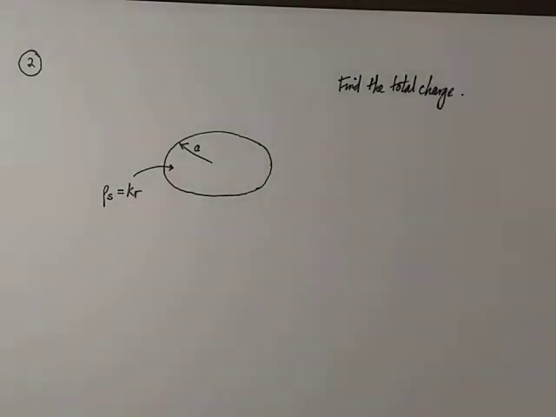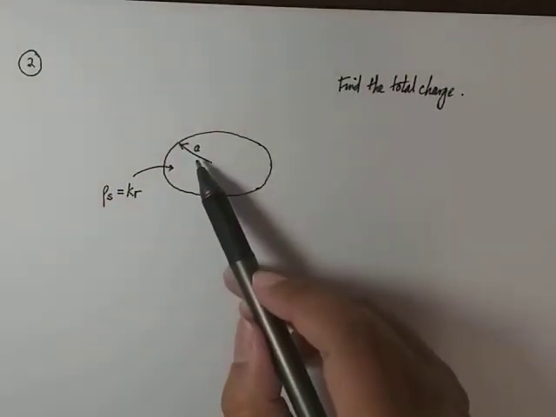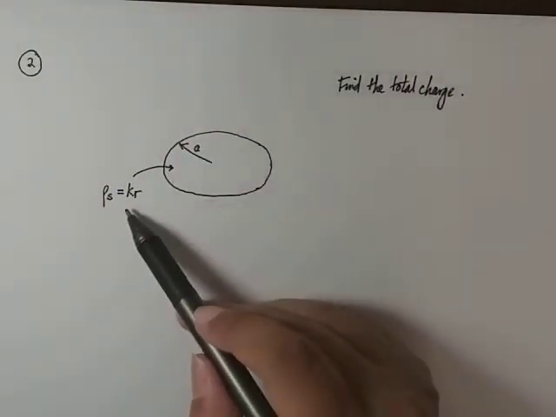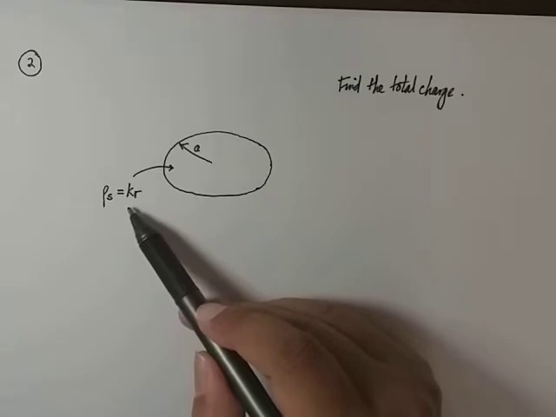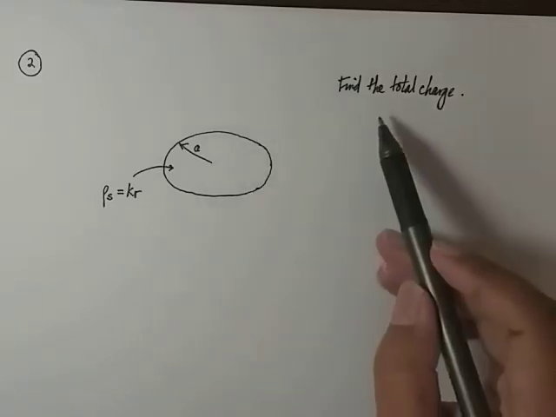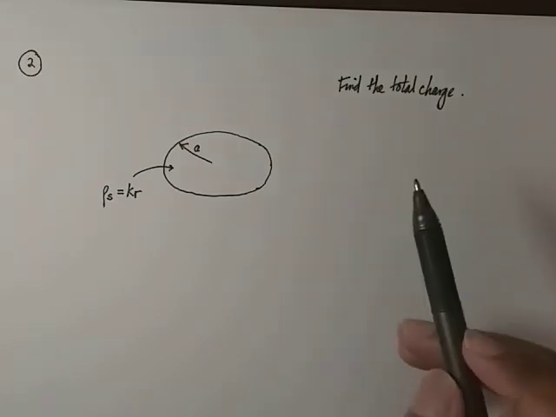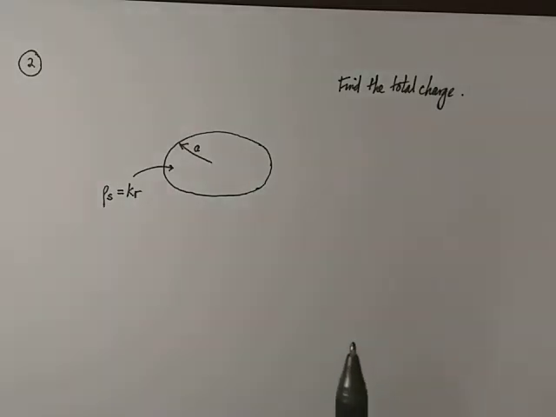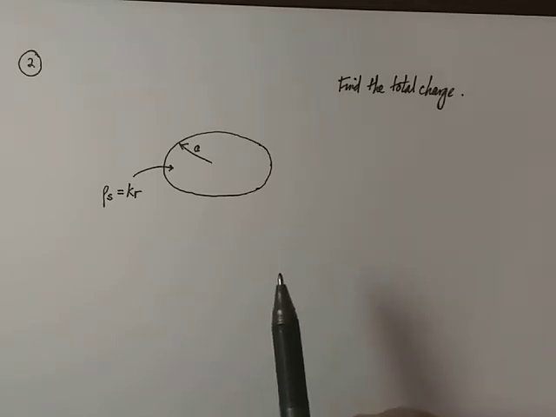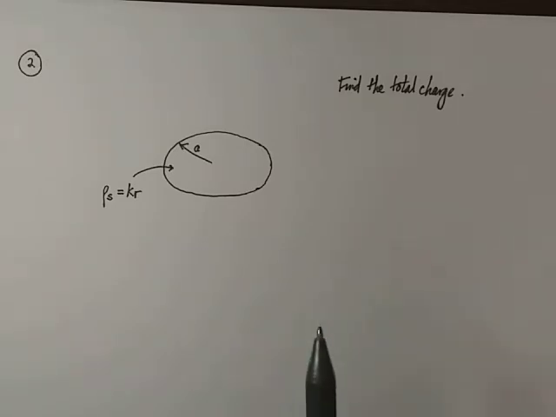Find the total, meaning that we have a structure, the structure has dimensions, and then we have an important parameter for us to use, and then the question wants us to find the total charge. So first of all, when I want to solve this problem, I have to choose the appropriate coordinate system. Why? So that our problem will become simple.